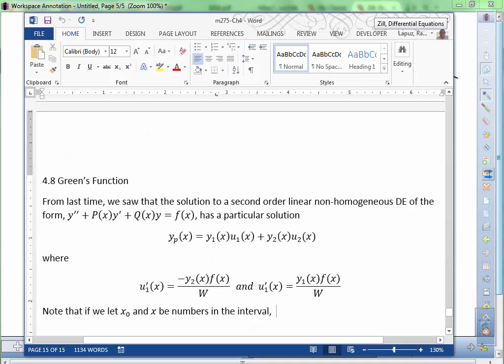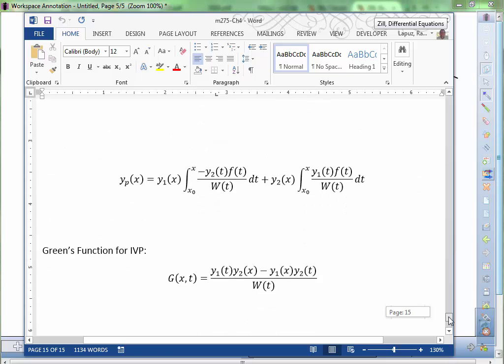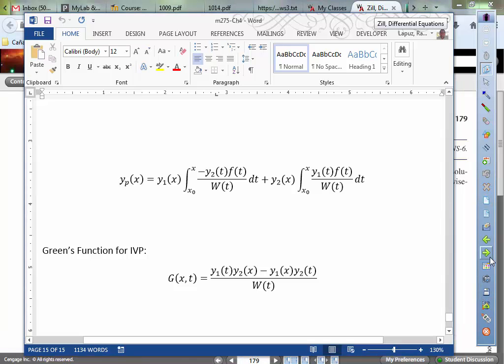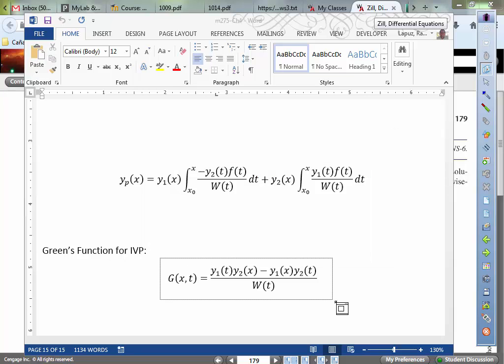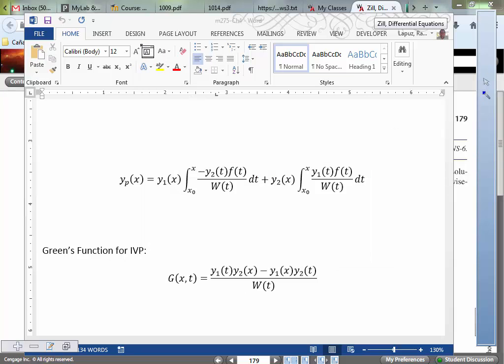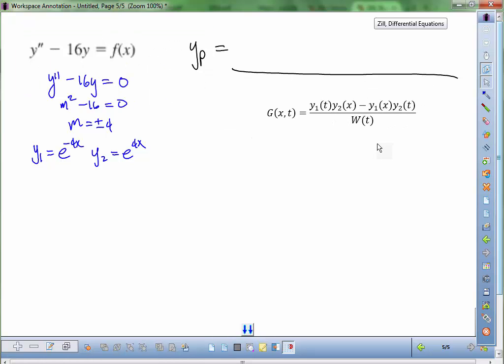So, do I have Green's function? So we want to figure out Green's function. And what is Green's function going to be?